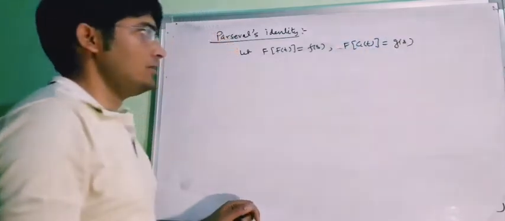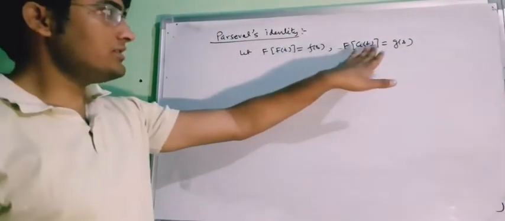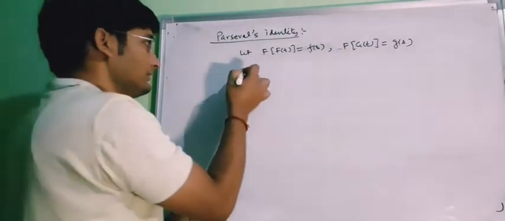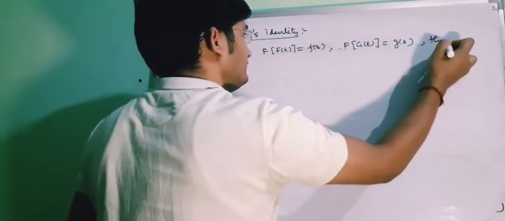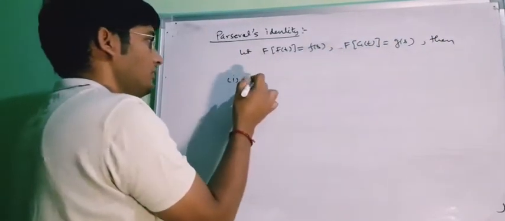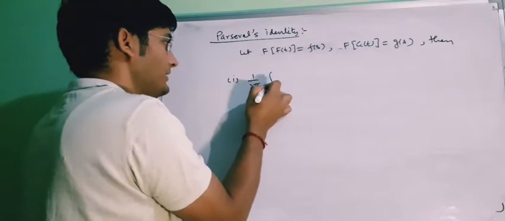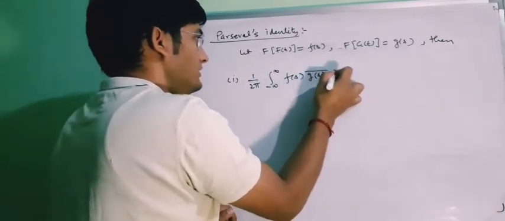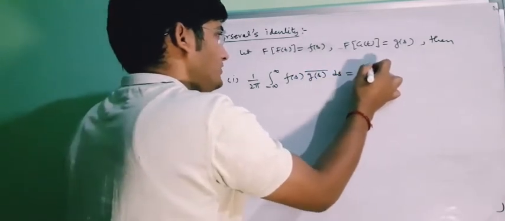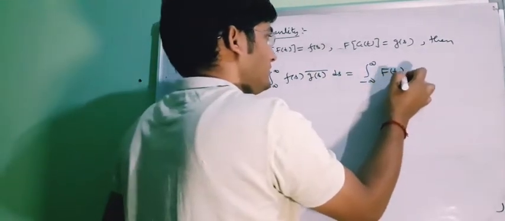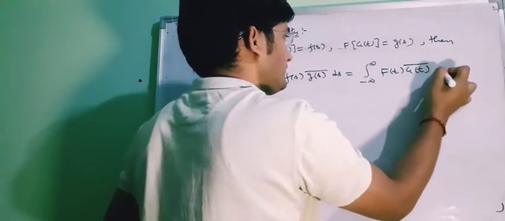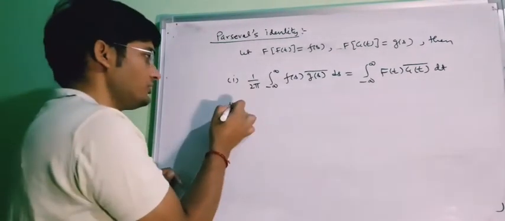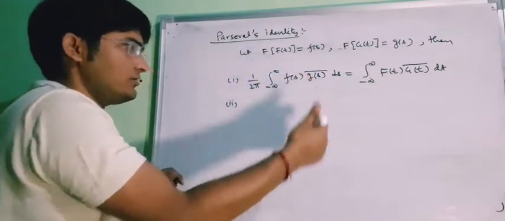That means, again, if their Fourier transformations exist, the functions are piecewise continuous and integrable. Then first, 1 upon 2 pi times the integral from minus infinity to infinity of f(s) into g(s) bar ds is equal to the integral from minus infinity to infinity of f(t) g(t) conjugate, integrated with respect to t. So this is the first property of the Parseval identity.